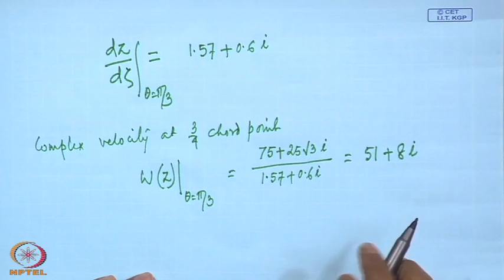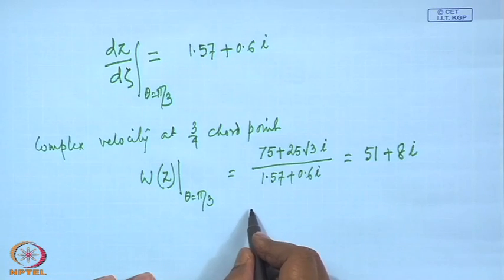And remember, this complex velocity is not u plus I v, it is u minus I v.